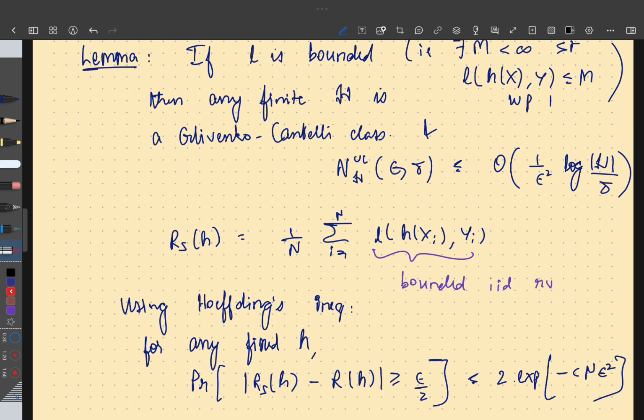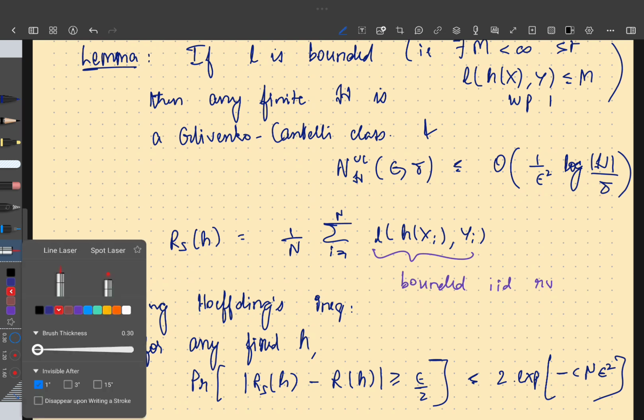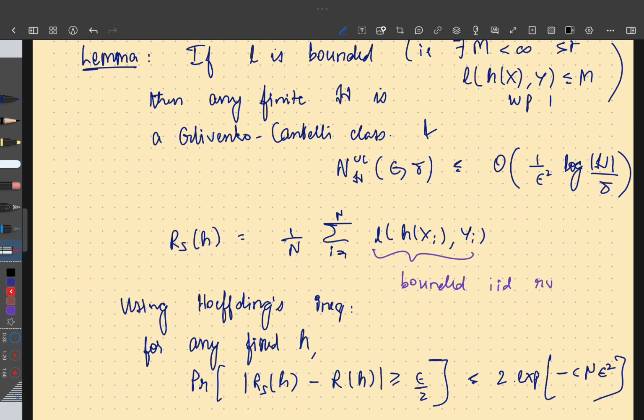In all of these cases, you now know that if you have at least these many samples, then ERM is going to achieve epsilon delta error. All right. In all of these situations, you can achieve epsilon delta error.